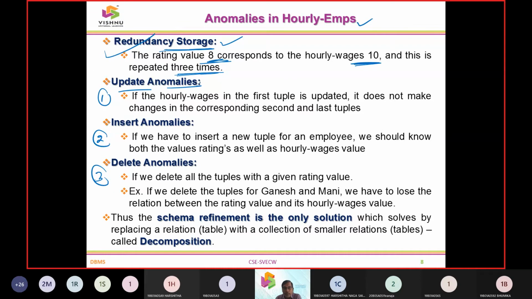In update anomaly, if the hourly wages in the first tuple is updated, it does not make changes in the corresponding second and third tuples.